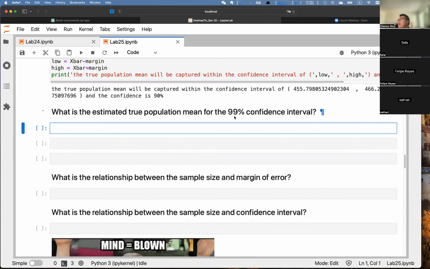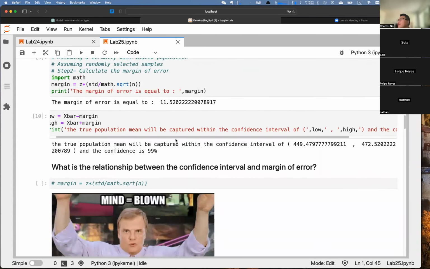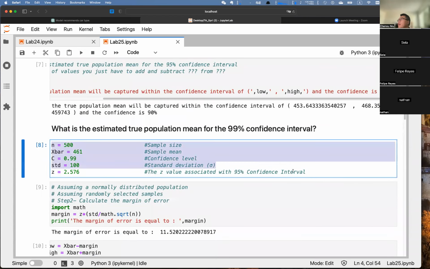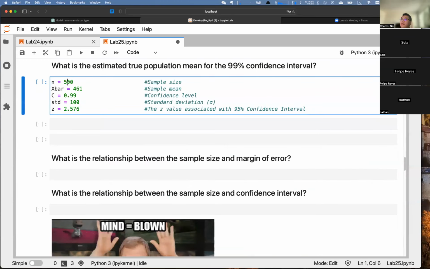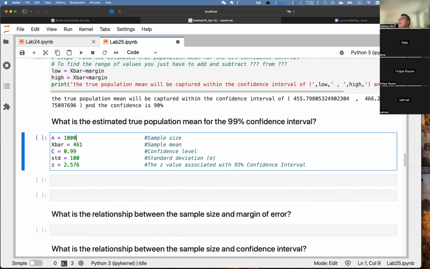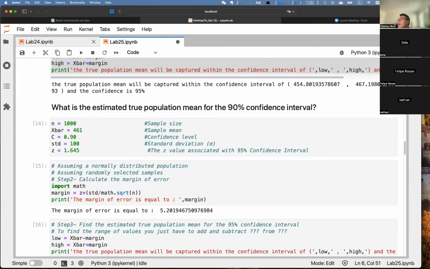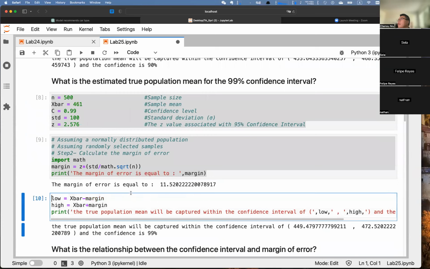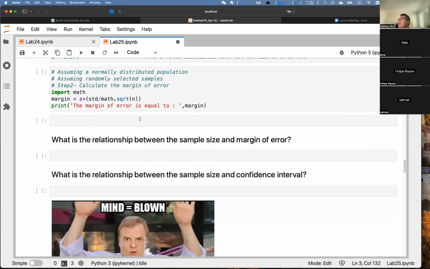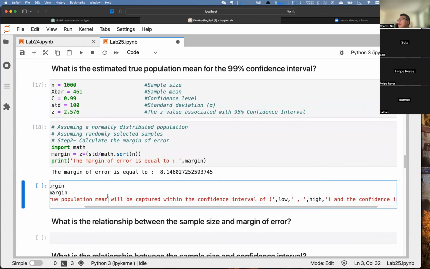All right, next one is about the 99% confidence interval. So here you need to copy 99, but revise the sample size to 1,000. Then compute the margin.